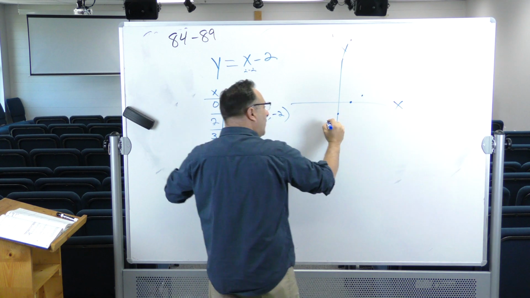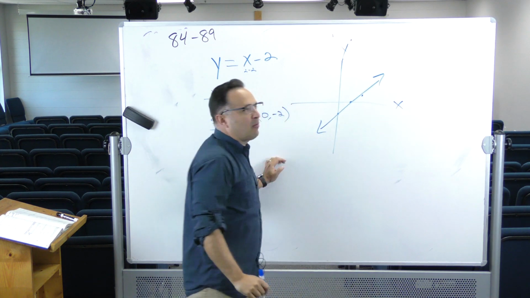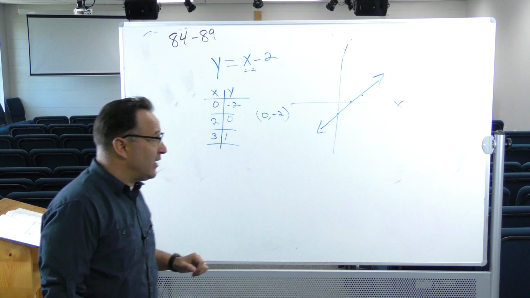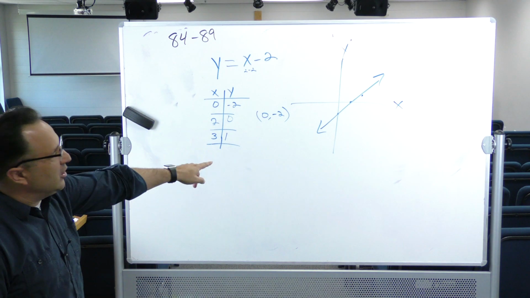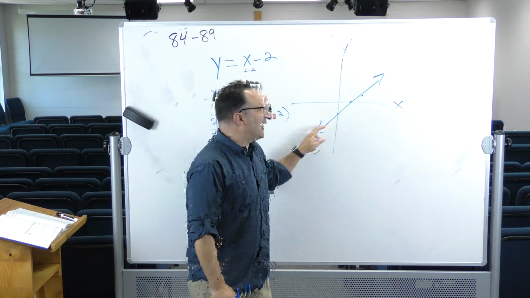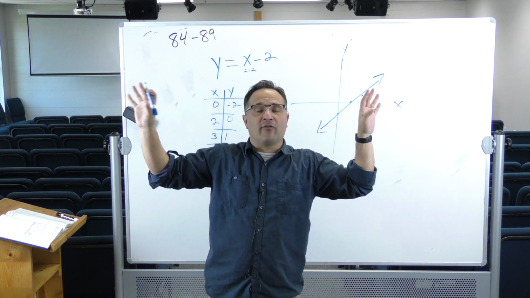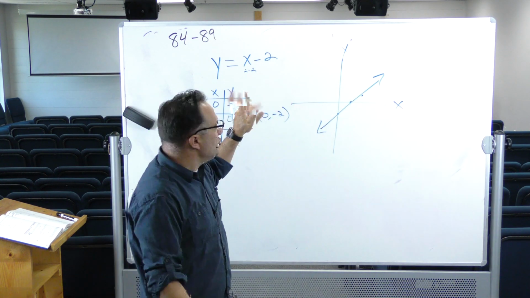What this will always do on an equation, unless there are square roots or absolute values, which we're not going to do till next year, is create a straight line. For example, if I put arrows on either end, because those lines go on forever, you could choose the number 100.